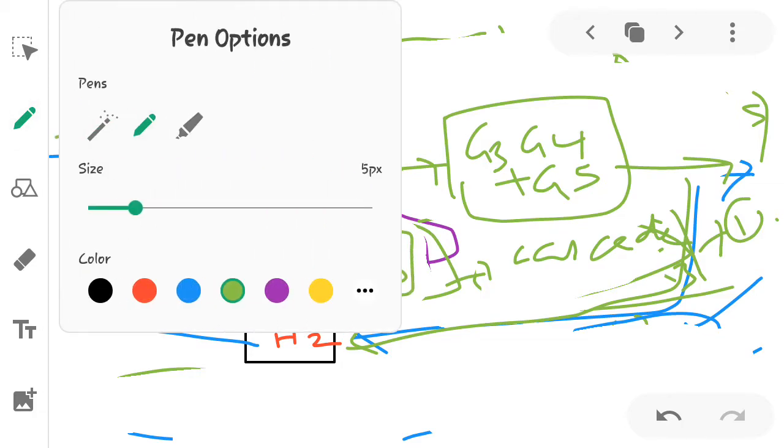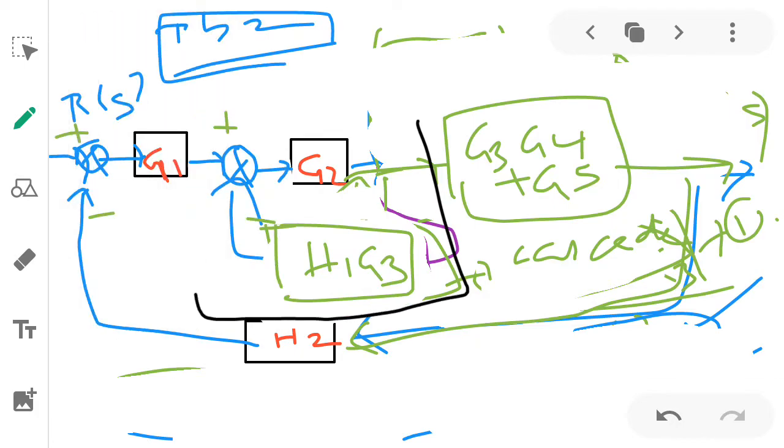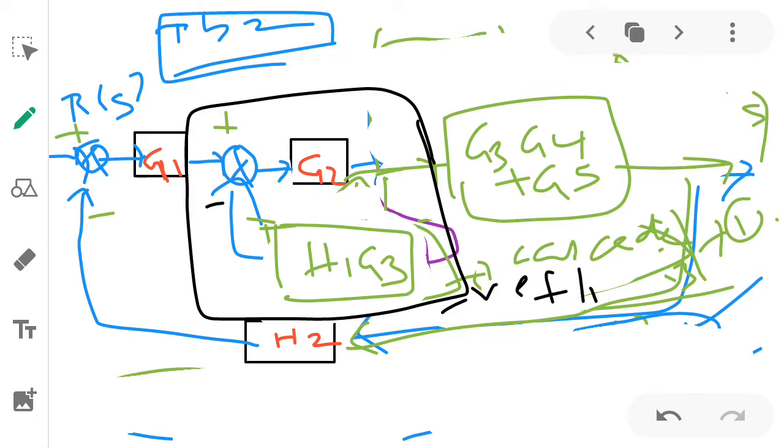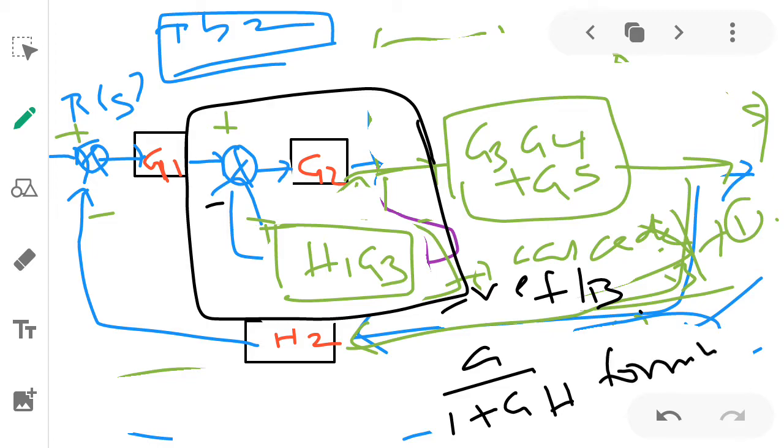Now the next step is this whole thing will form your negative feedback. So you will apply the G divided by 1 plus GH formula. So you will get G2 divided by 1 plus G2 H1 G3.